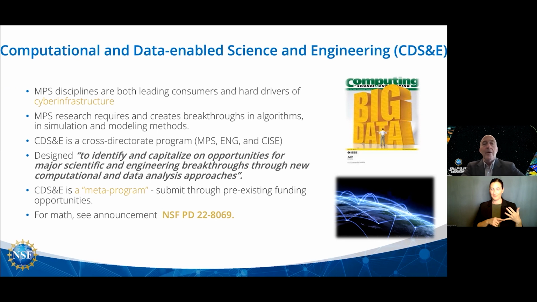DMS, Division of Mathematics, has its own special version of CDS&E, which is called CDS&E-Mathematical Sciences, that I gave you the link for at the bottom. Okay. And I told you CDS&E is a meta program, and it sort of gloms together existing funding opportunities.